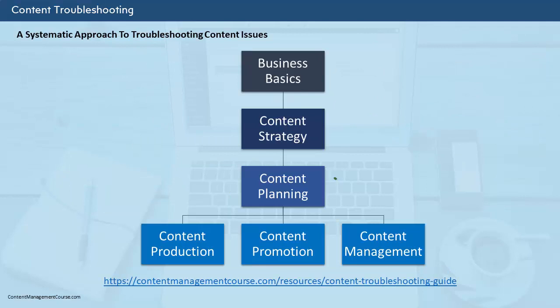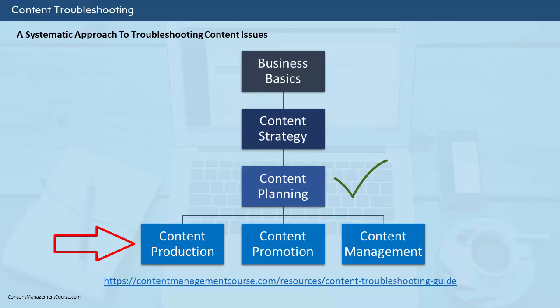If everything at the content plan level is fine and there are still issues, then the next step is to drill further down into your content plan and look at the specific components like your content production plan, your content promotion plan, and your content management plan. Once again, creating these is the responsibility of the managerial level.